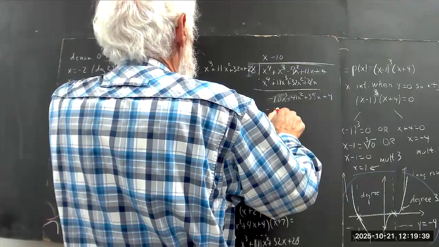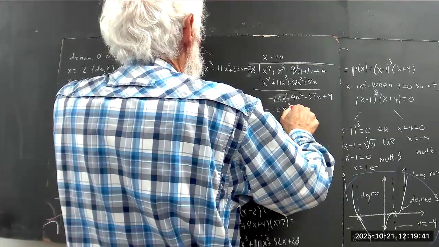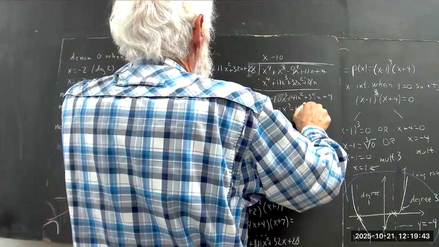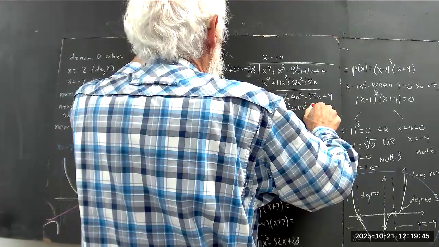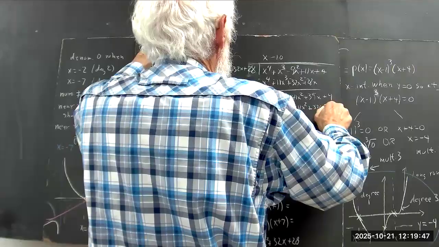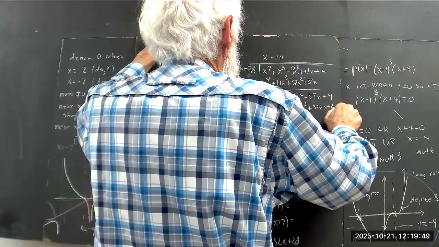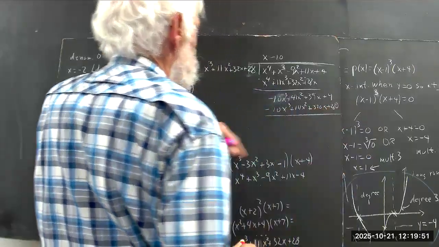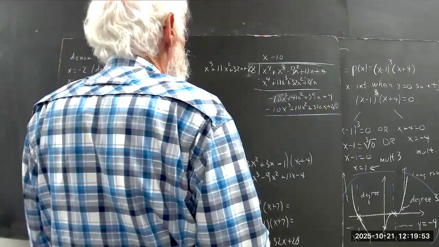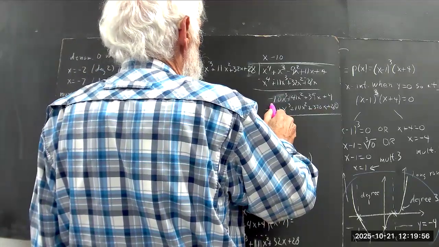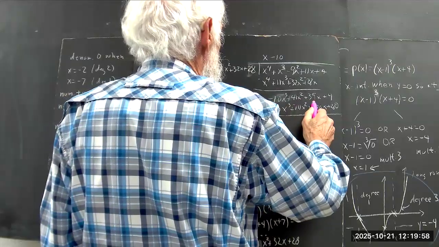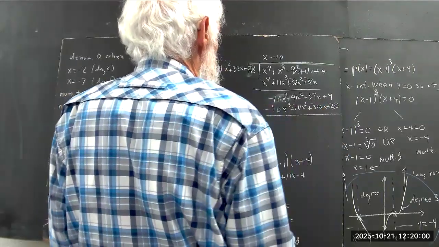And then we get negative 10x cubed plus 111x squared plus 320x plus 280. And you don't need to worry about those details. It's easy to write it down. Make sure we change all the signs here. That'll become a plus. That's a minus. That'll be a minus. That'll be a minus.